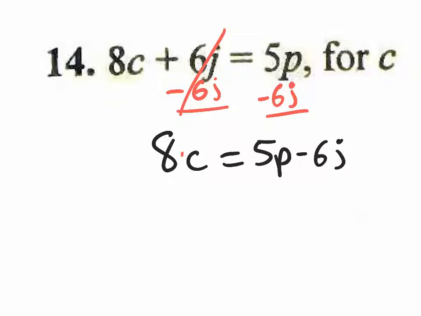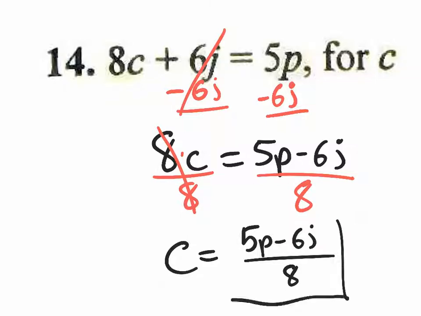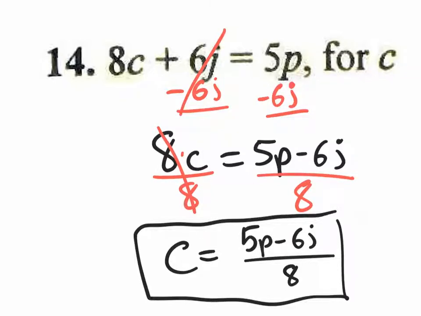And then you divide by 8 on both sides, and you're done. c equals 5p minus 6j over 8, and you do not need an additional statement here because 8 is in the denominator, and 8 will always be 8. It'll never become 0. That means that this will never be undefined.